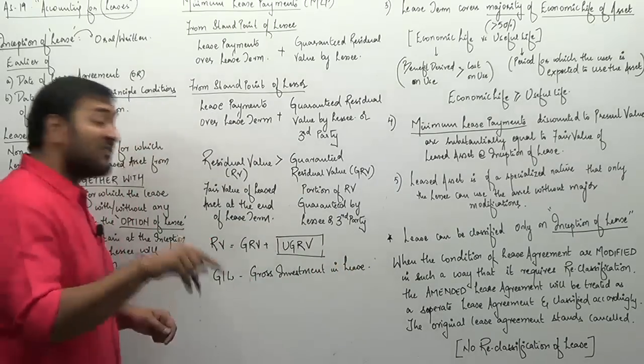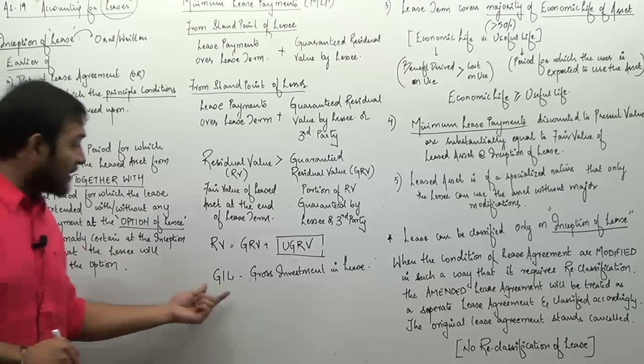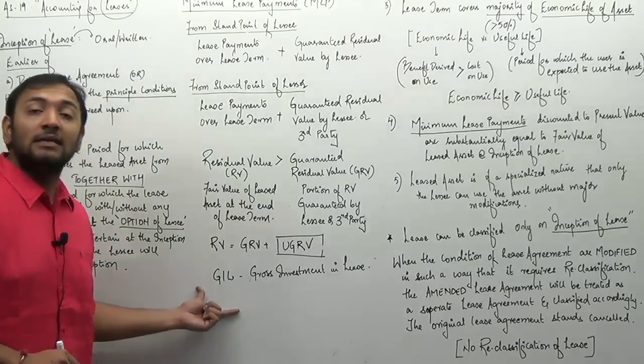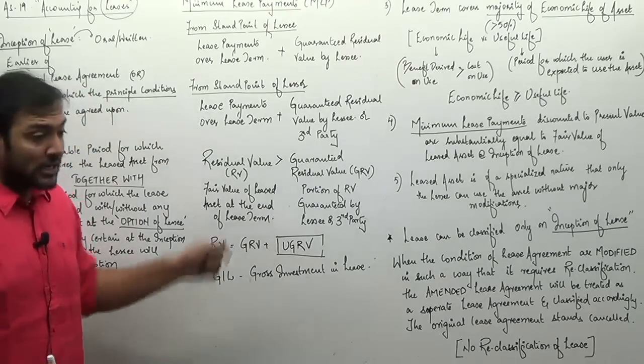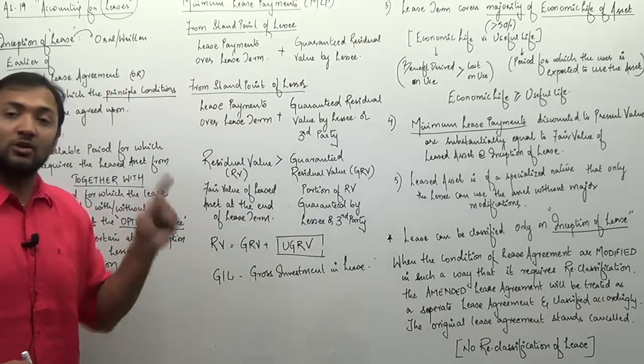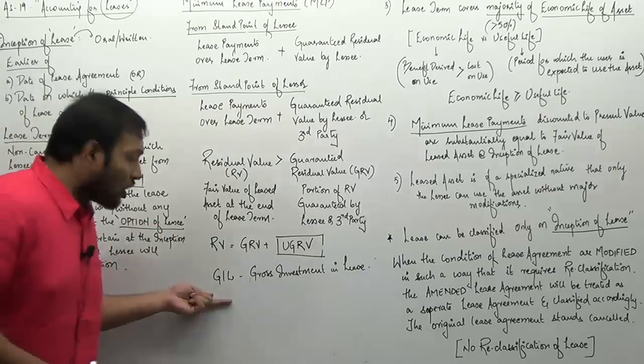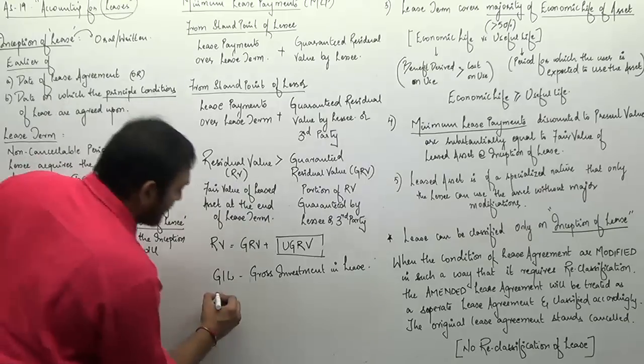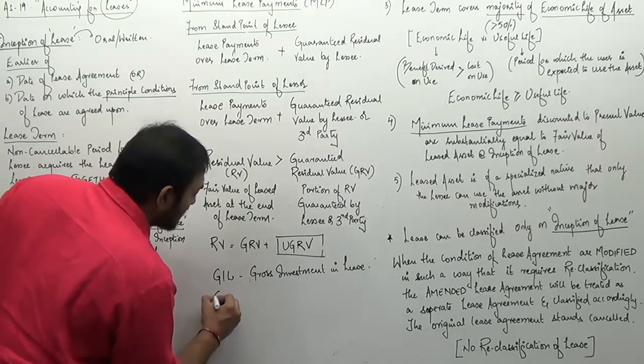Who is the person who invested in the lease? The person who has put up some money into the lease is the lessor, because he should acquire the leased asset. The lessee is only making periodic lease payments, so it is not his investment. So gross investment in lease, when I calculate, is always for the lessor.